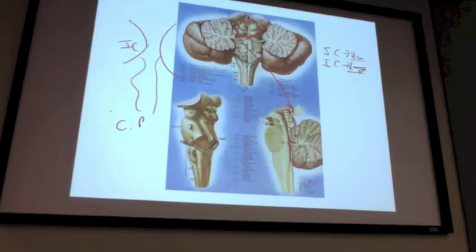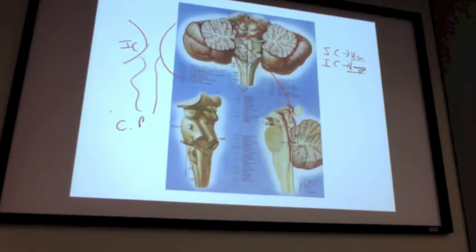These little fascicles are called the superior, middle, and inferior cerebellar peduncles. Three of them. They're also called brachium conjunctivum, brachium pontis, and the restiform body. You'll see that in the literature too. So basically, those are the important ones that hold the cerebellum on.